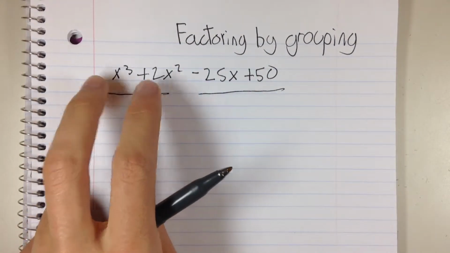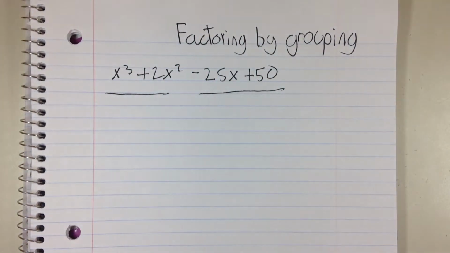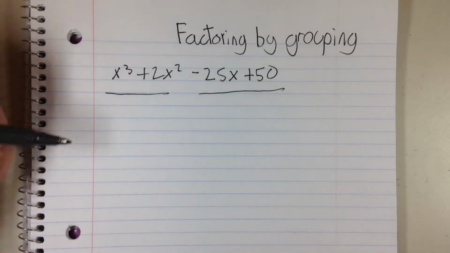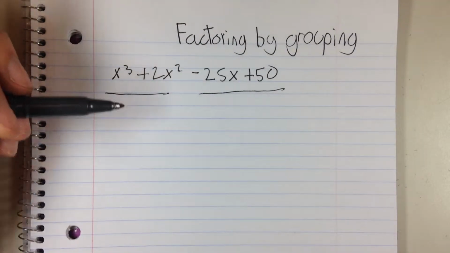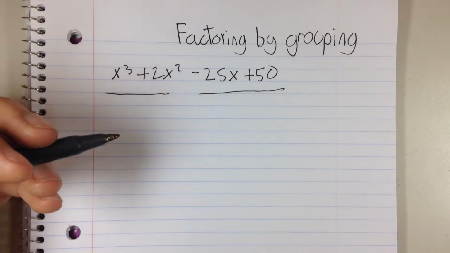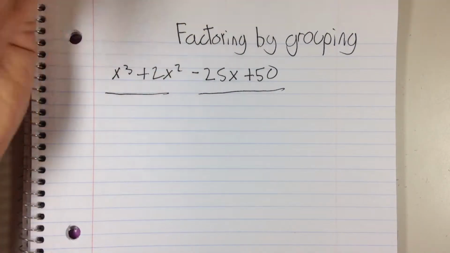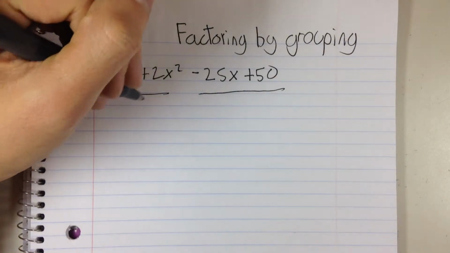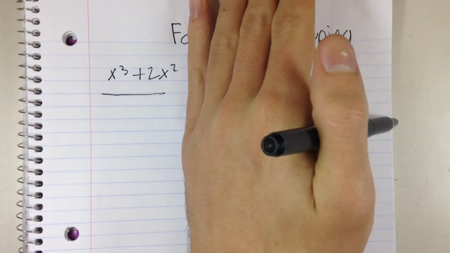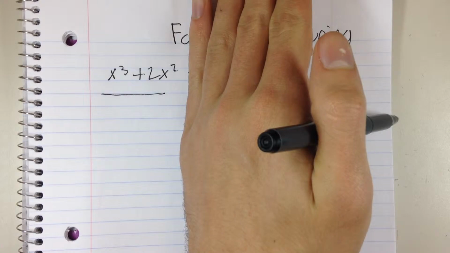So we have the first two terms here and the second two terms. And what you want to do is basically just factor each of these individually. So for example, for the first term right here, we can factor an x squared out of that, right?